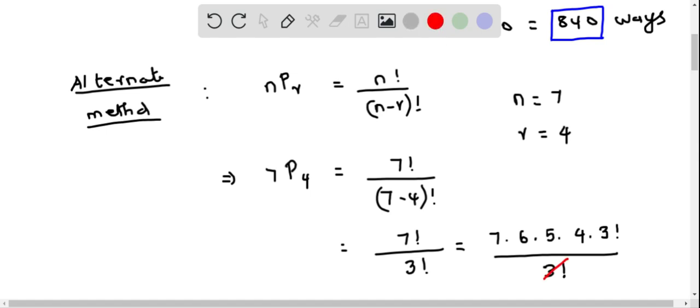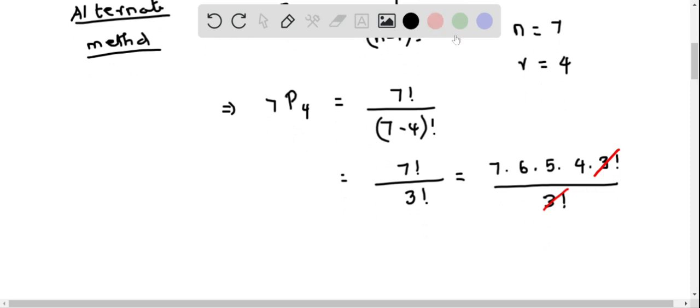So we can cancel out the 3 factorial and 3 factorial. And finally, we are left with the product of these numbers, which we obtained in a similar way when doing the first method. So this is 42 times 20, and this is once again 840 ways.